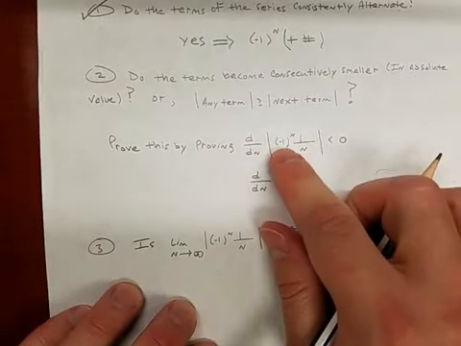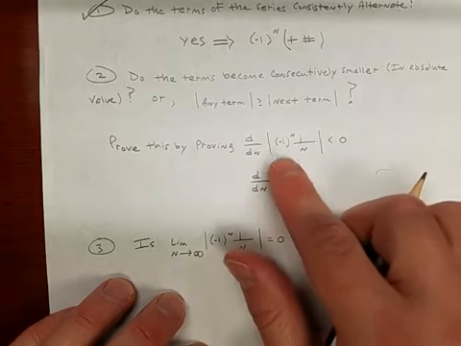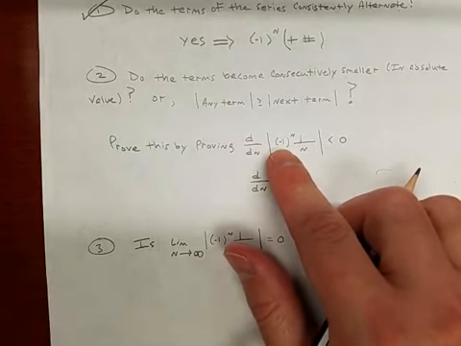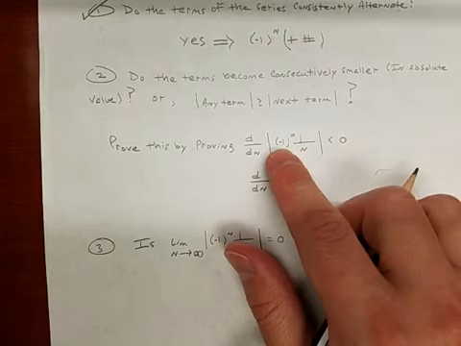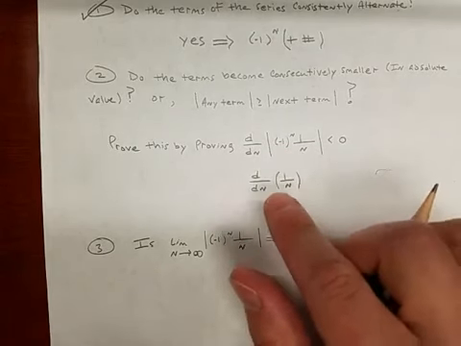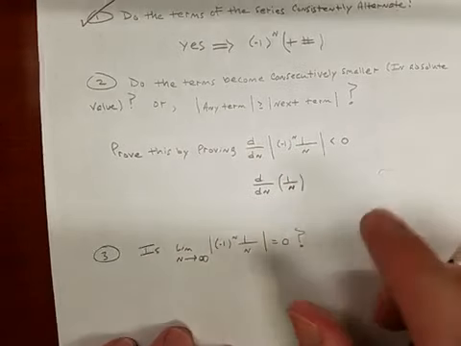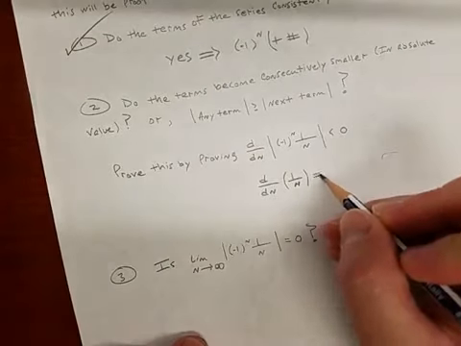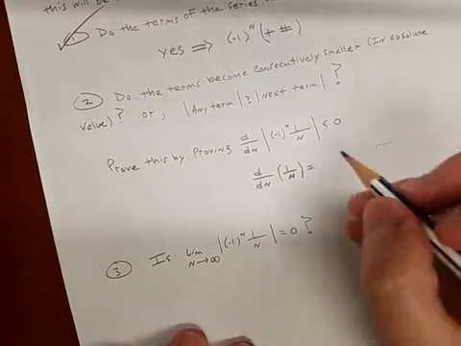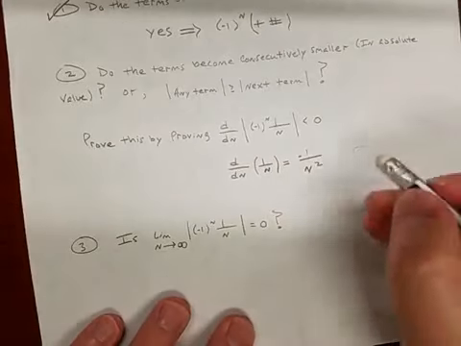Because the only thing that might make this number negative is that negative 1 to the n power. That's either going to be 1 or negative 1. So if you just drop that, I guarantee you that will be the absolute value of that number all the time. All right, so we'll find the derivative, which is negative 1 over n squared.